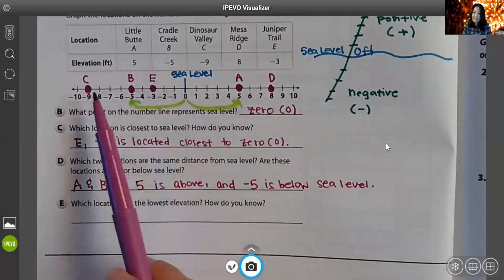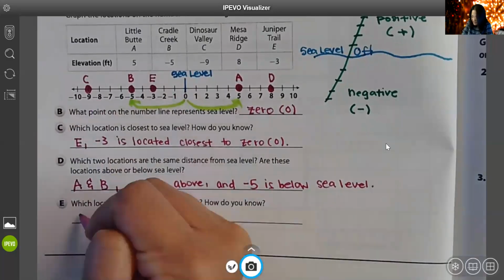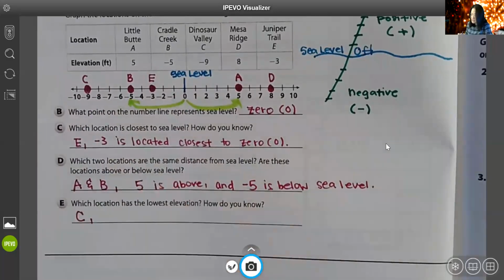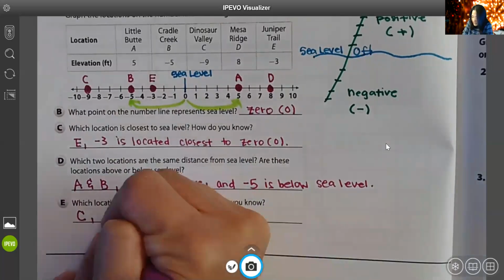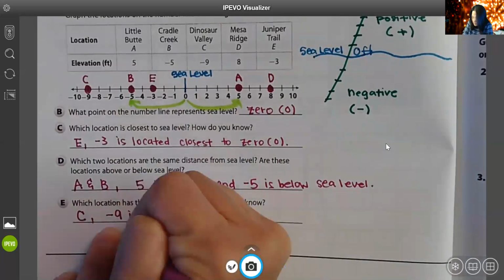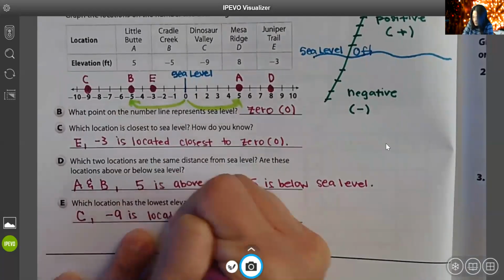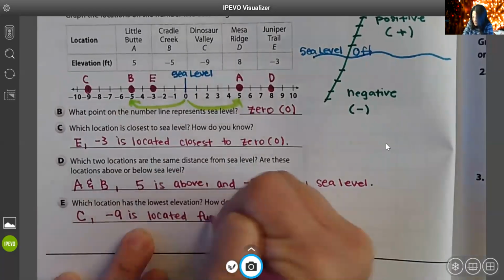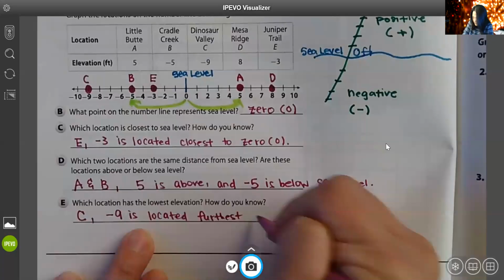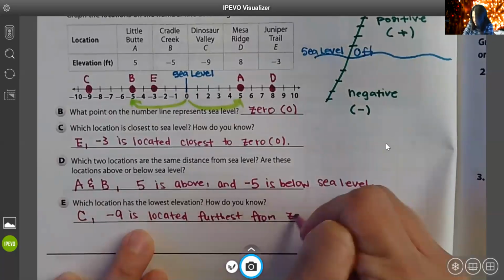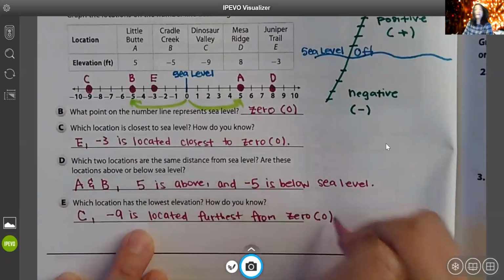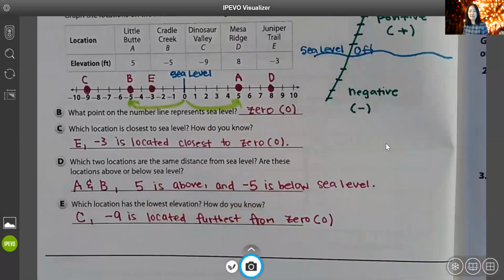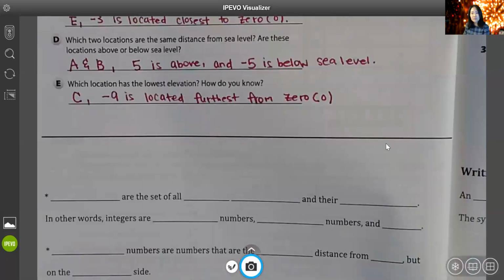Well, it's point C. So C is the lowest elevation. And how do you know? Negative 9 is located farthest from 0. Okay. All right, let's move on.